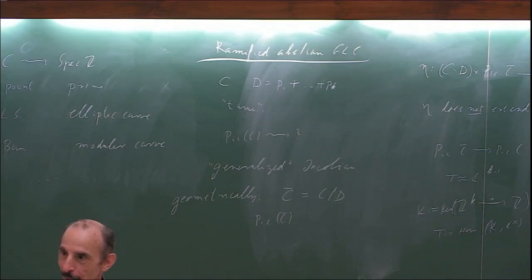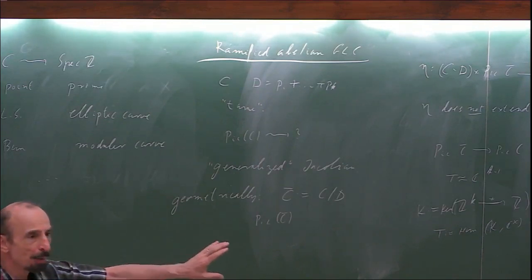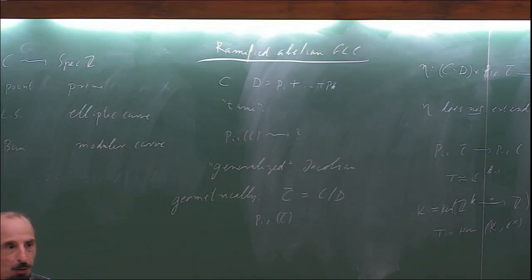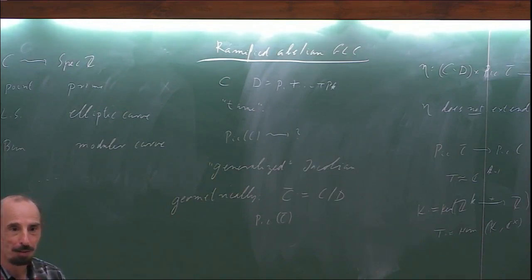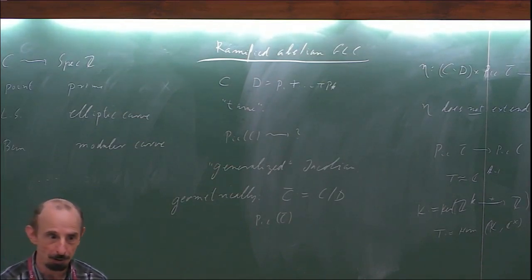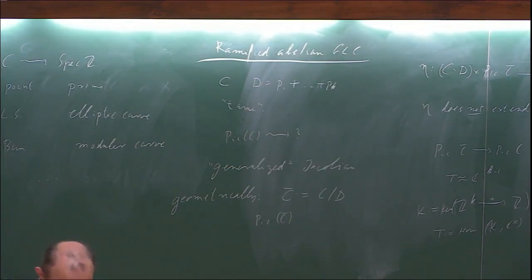Fortunately, by the time I get to it, we will have heard enough about parabolic stuff that I'll be able to use that. But in the abelian case, which is what I was emphasizing today, you don't need to state the parabolic stuff explicitly. You can just talk about ramified stuff. So the ramified stuff is a simplified version of the parabolic stuff, which in the abelian case is equivalent to the full story.